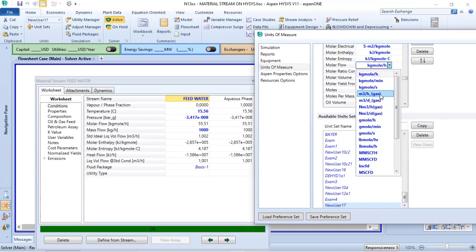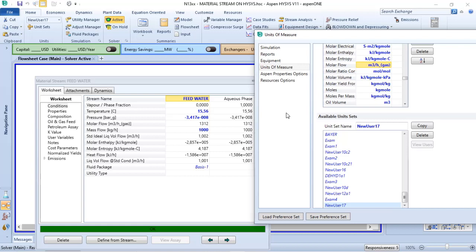Verify that although my material stream is a liquid, because I have phase fraction as 0, if I change the unit of measurement to cubic meter per hour gas, I will have a molar flow in terms of cubic meter per hour of gas as 1,320 cubic meters per hour.